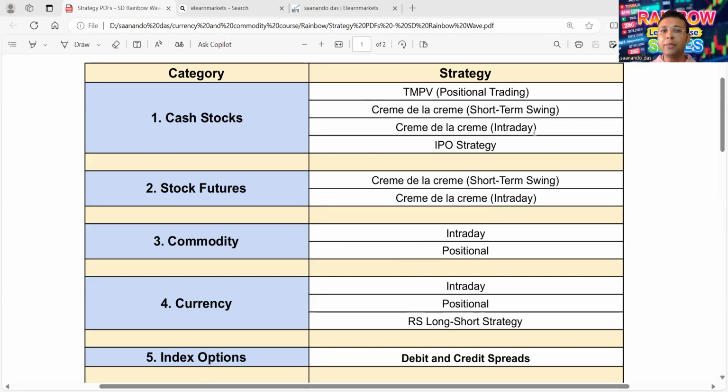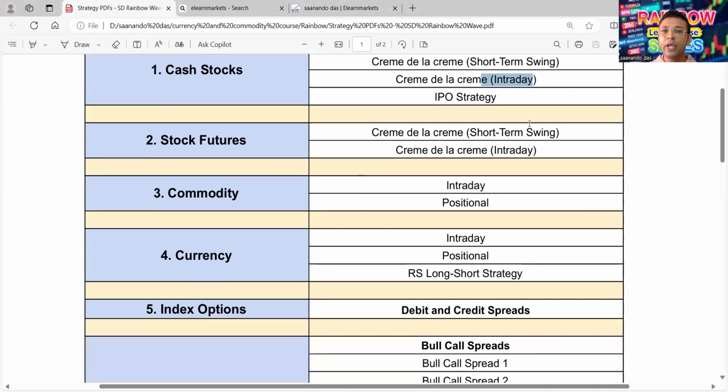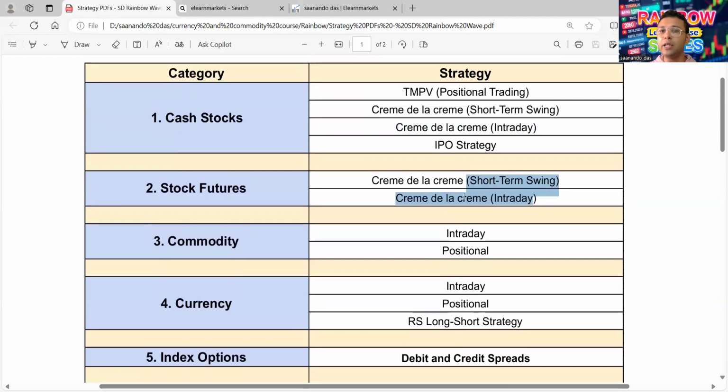Now under cream de la cream we have cash stock short-term swing buy, we have cash stocks intraday buy and sell, we have stock futures short-term swing as well as intraday. All four are under cream de la cream, मतलब cream de la cream group of जो strategy है उसके basis.